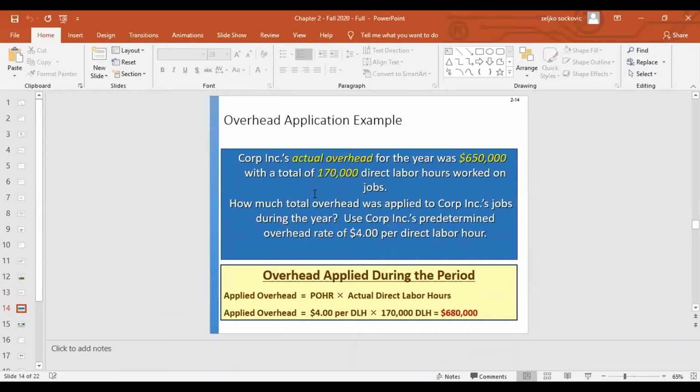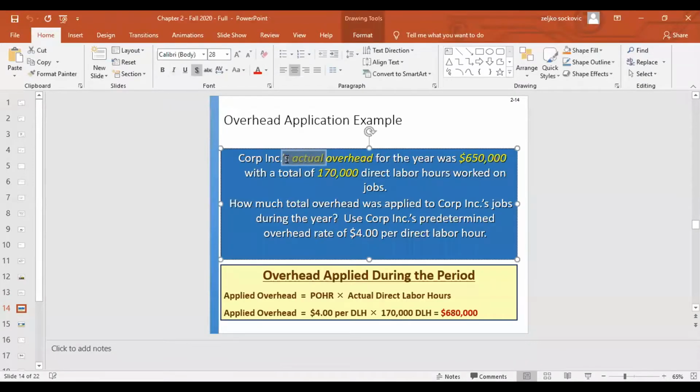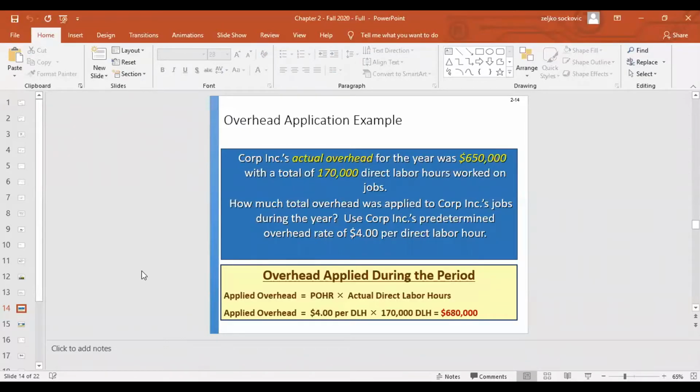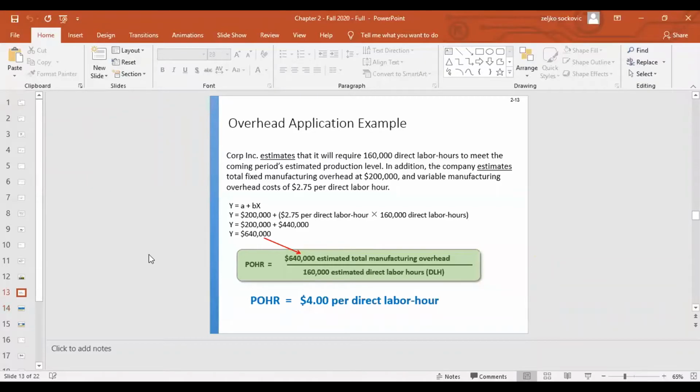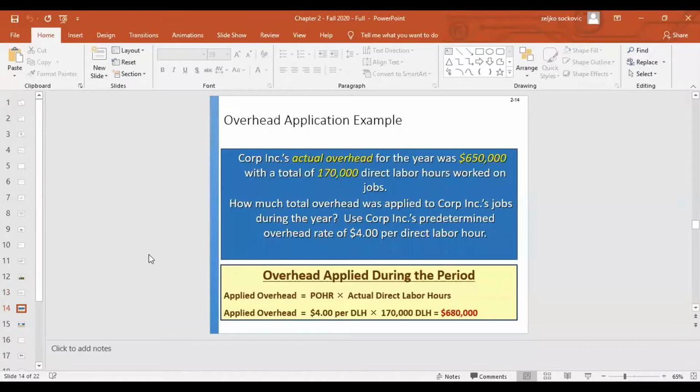Now, the corporation's actual overhead. See, actual overhead. It's not estimated anymore. Actual overhead at the end of the year is actually 650. So remember, we estimated that it would be 640, but it actually came out to be 650. Do we compare these 650 and 640?